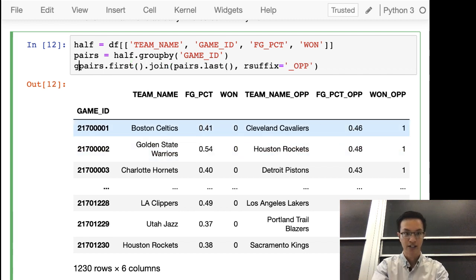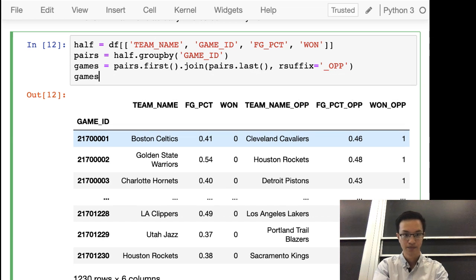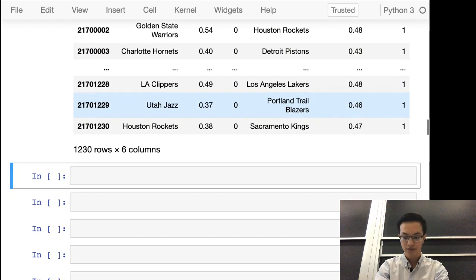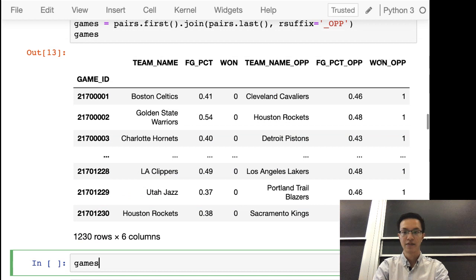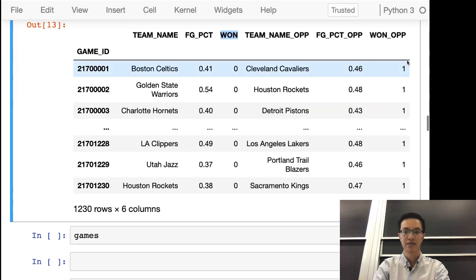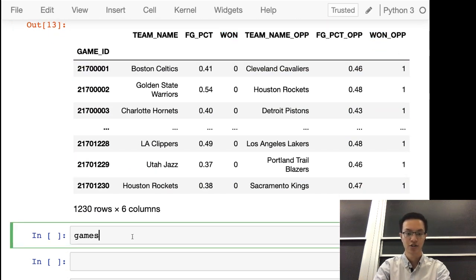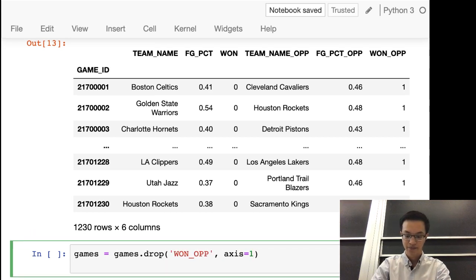So call this the games table. And what I can do is take the games table. I can get rid of this column because I had the one column, and this column is redundant with this one. So let's drop the one opponent column. Like so.